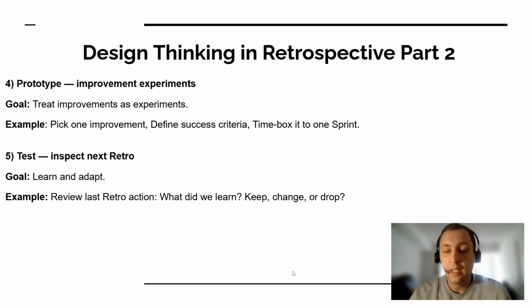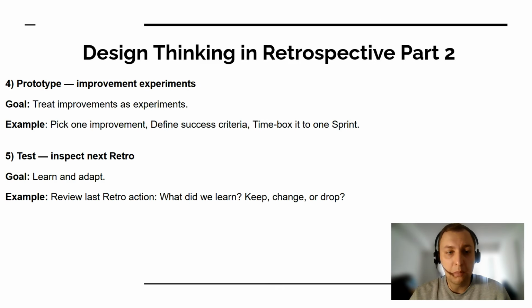And on the last two, we need to prove our experiments. So once we find out what the solutions could be, we need to treat these improvements as experiments. We pick one, we define success criteria, we time box it, we use it in the next sprint, and we get feedback, right?